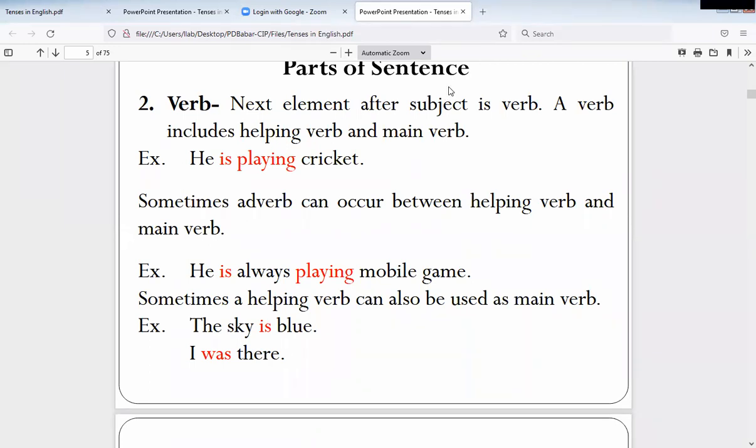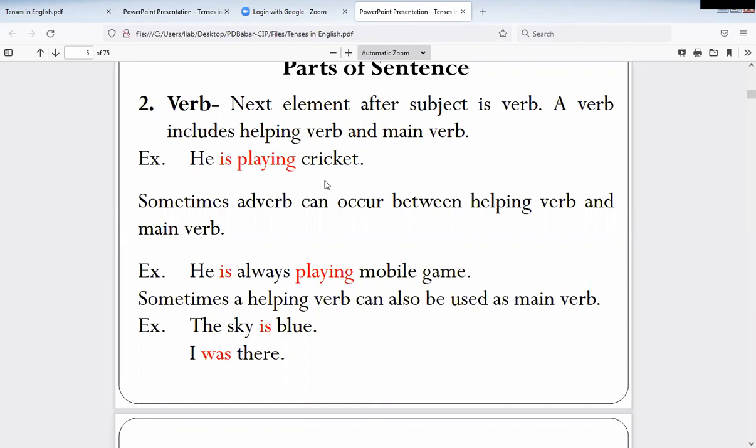Auxiliary verbs also have different types. We have seen them in the ATT lectures. The auxiliary verb has the to be form, the to do form, and the to have form. These are the three forms of the auxiliary verb.